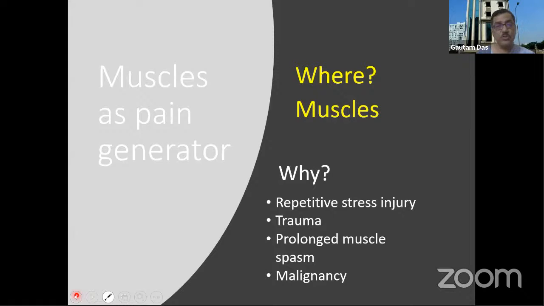The next two important muscles: one is your psoas, which forms the anterior boundary of the lumbar plexus. Another is your quadratus lumborum, which forms the posterior boundary of the lumbar plexus. So if there is myofascial spasm or myofascial pain of the psoas, what will happen? When the psoas is contracted, the patient will feel comfortable bending forward, because the psoas causes flexion of the hip and the lower lumbar spine.